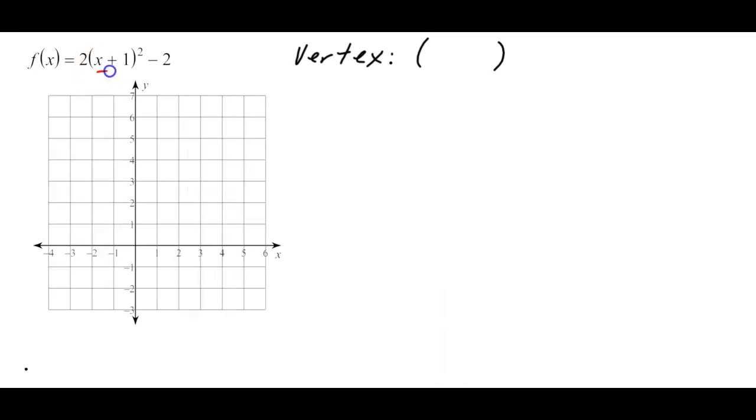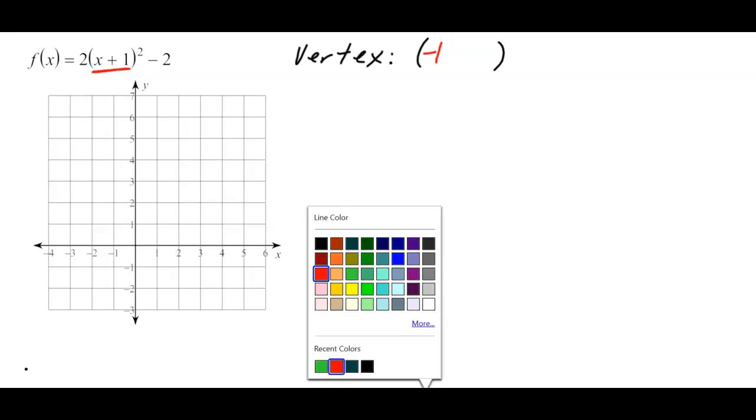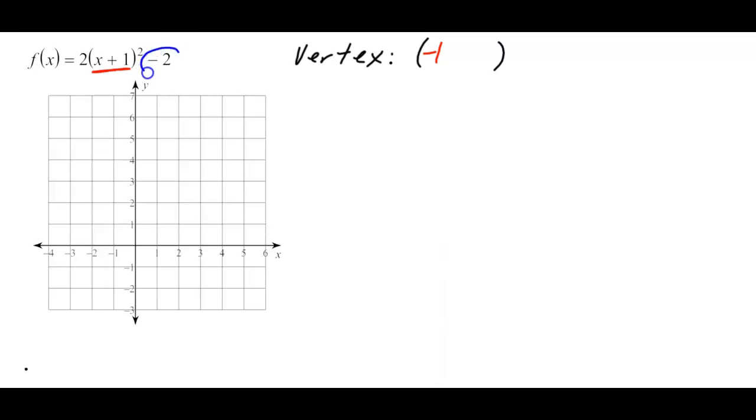The x of my vertex is the number that makes this 0, so it's going to be negative 1. And the y-coordinate of the vertex is just this number that hangs out on the end. So I'm at 0, negative 2. Sorry, negative 1, negative 2.